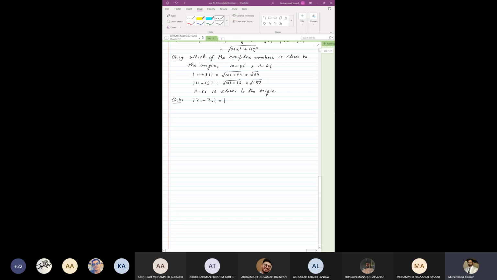The absolute value of Z1 minus Z2, where Z1 is X1 plus iY1 and minus X2 minus iY2, is X1 minus X2 plus i times Y1 minus Y2, absolute, which is equal to the square root of X1 minus X2 squared plus Y1 minus Y2 squared.